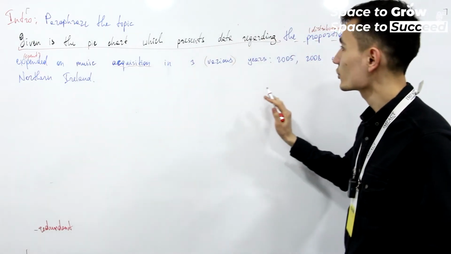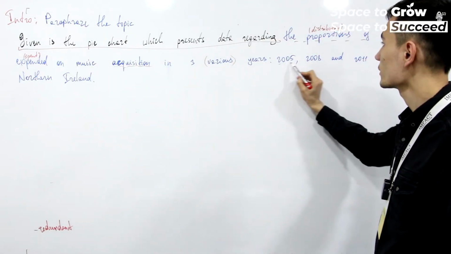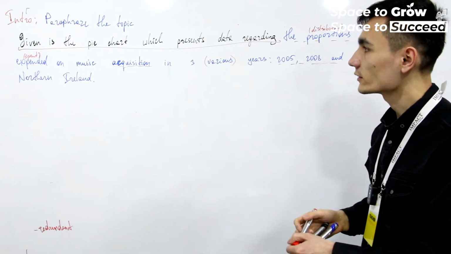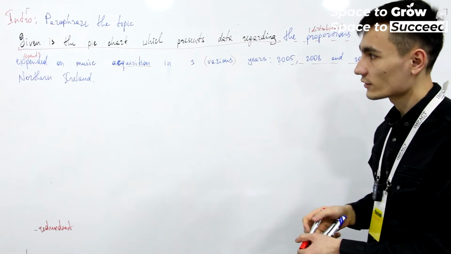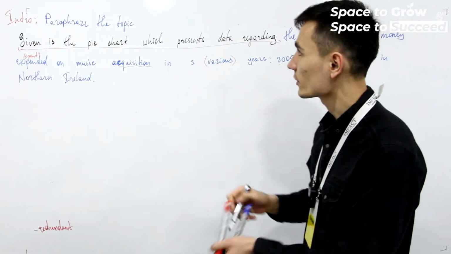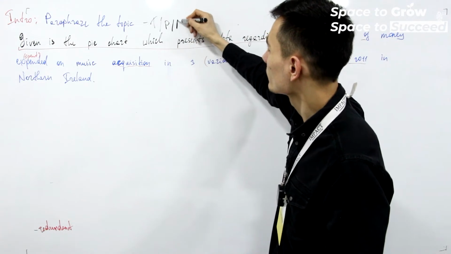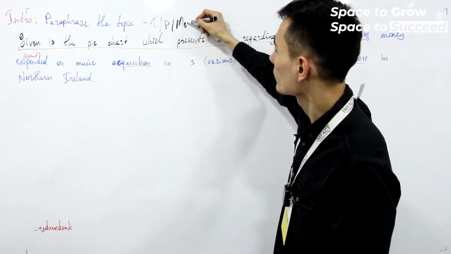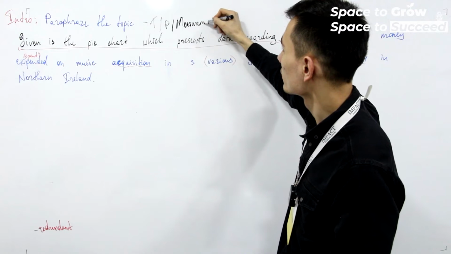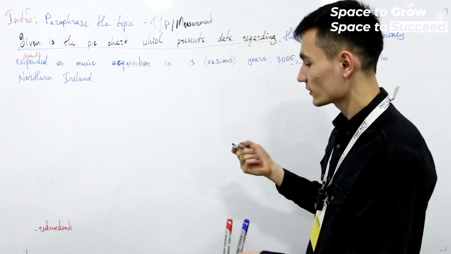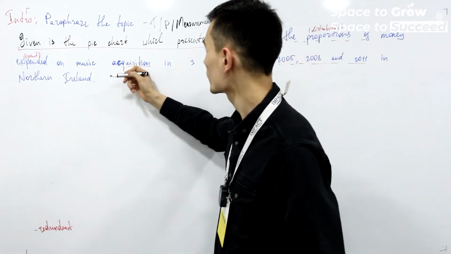And in addition, I just said 3 years, and I just mentioned the 3 years again to get the highest number of words possible, and then just give the place, Northern Ireland. So as you know, we have to give time, place, and measurement. Let me just write it here. And after we gave time and place, let's just give the structure of measurements.